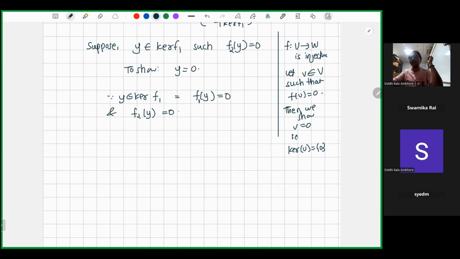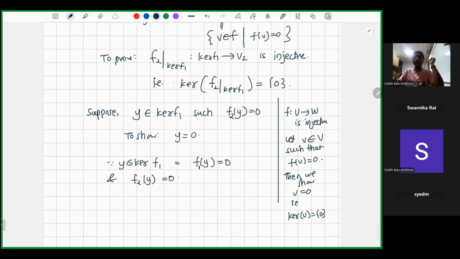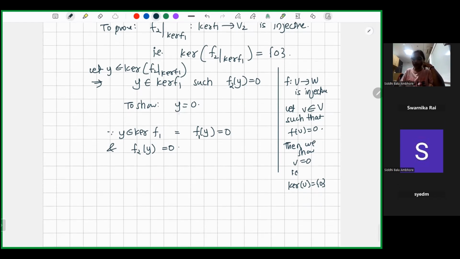We are starting with some element from the kernel of this map F2. Let Y belong to the kernel of this. This implies that Y belongs to kernel F1 such that F2 of Y is 0, and we have to show that this Y is 0.